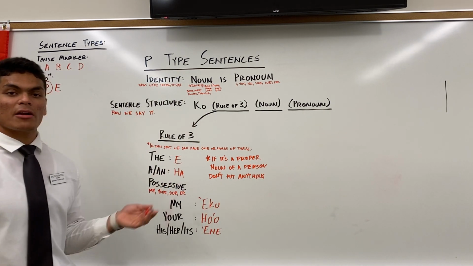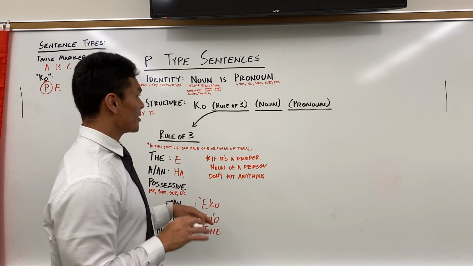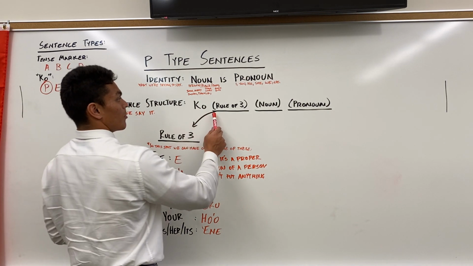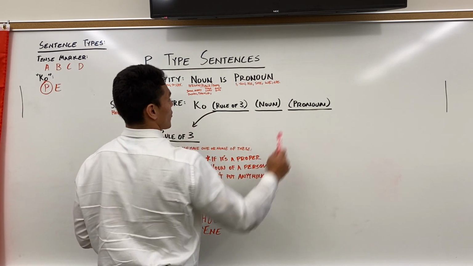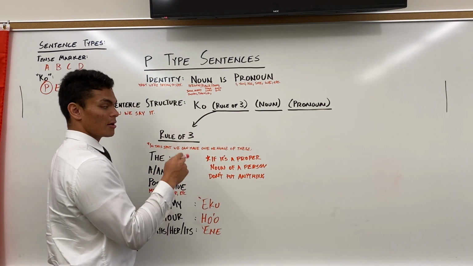If it's a proper noun of a person, so a name of a person such as Brooke, don't put anything. So if I wanted to say I am Brooke, I'd say go blank Brooke au. So you don't put anything here if it's a proper noun of a person.